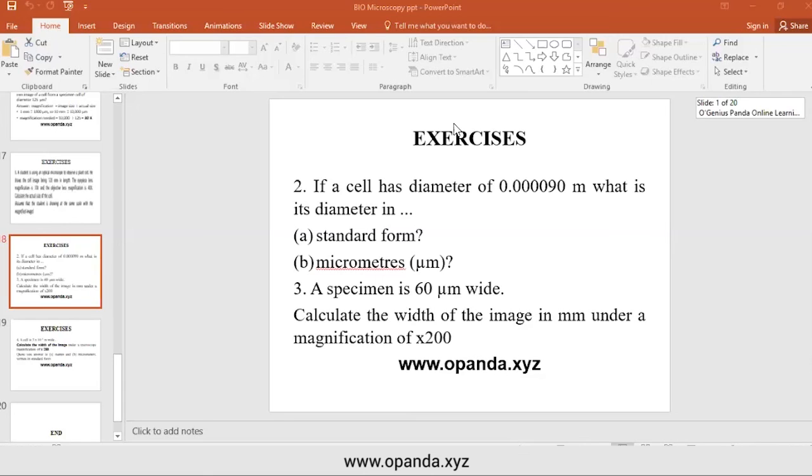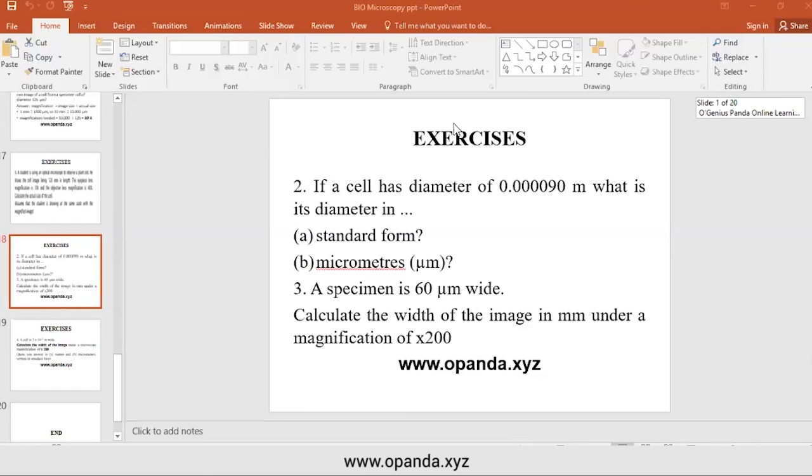You also have magnification. What you are asked to calculate is the image size. And you know that the image size by the formula is equal to magnification times the real size.